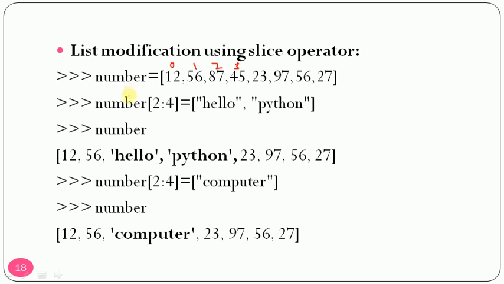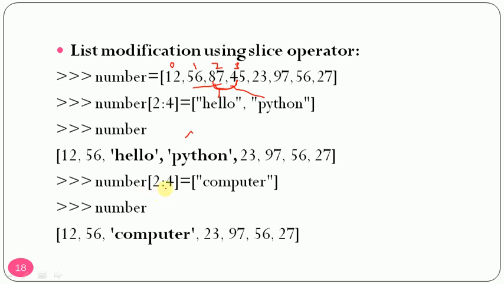So let's change this using the statement. Hello, Python. These two values will be replaced by Hello and Python. So look at the output now. The 12, 56 and after that Hello, then Python, then the rest of the values. In this way, you can change the list using the slicing operation.